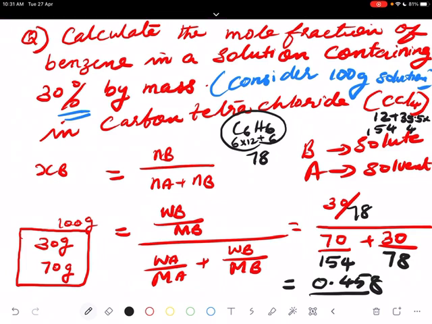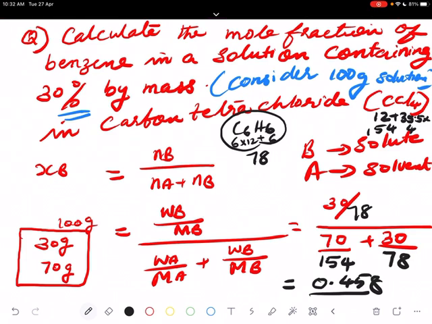Benzene is soluble in carbon tetrachloride. Benzene is insoluble in water. Benzene is organic, a non-polar solute. Non-polar solutes are soluble in non-polar solvents. Polar solutes are soluble in polar solvents. Generally, like dissolves like.